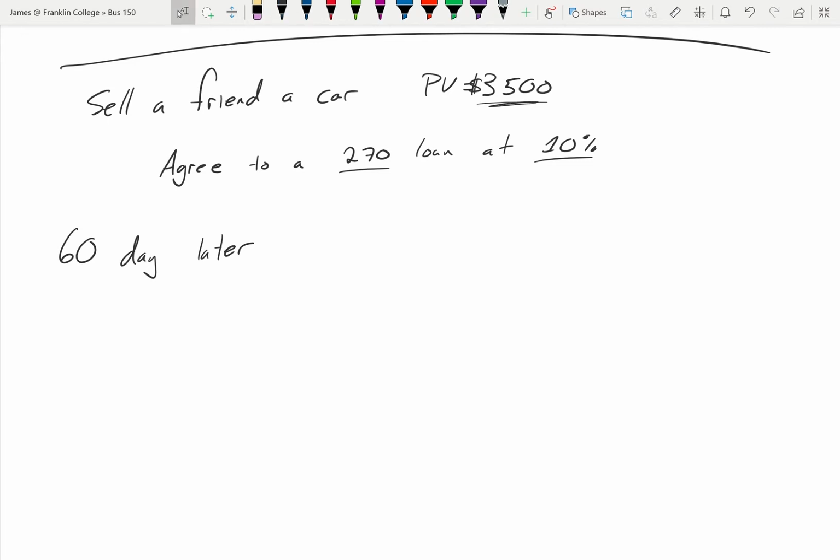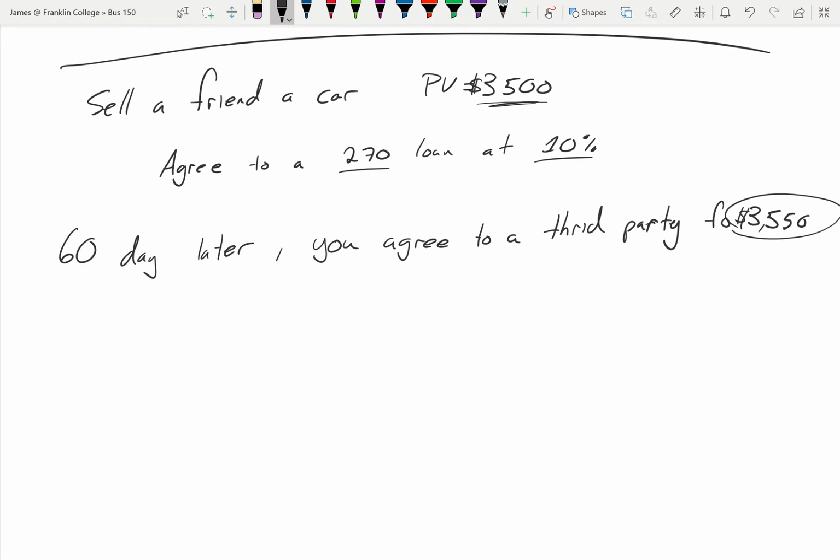So you agree to sell it to a third party for $3,550. So you held this note for 60 days, and then you're selling it to somebody else for $3,550.